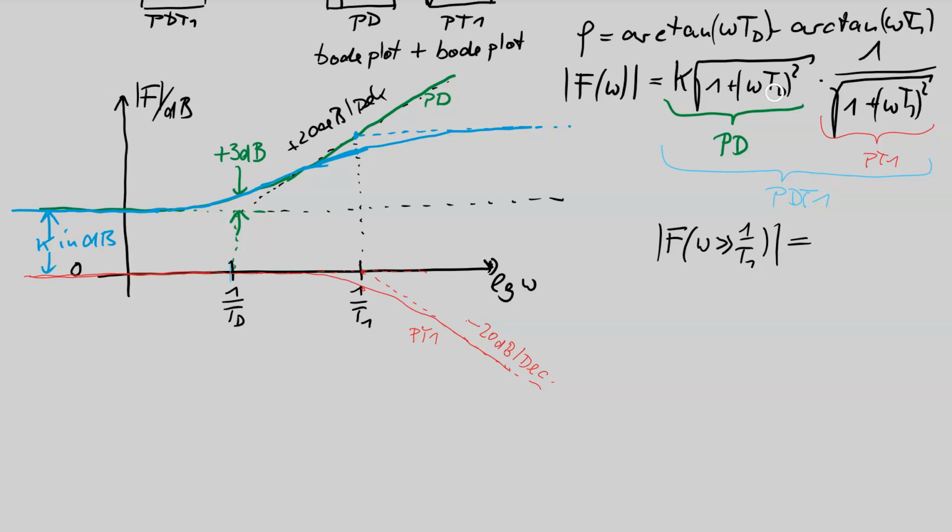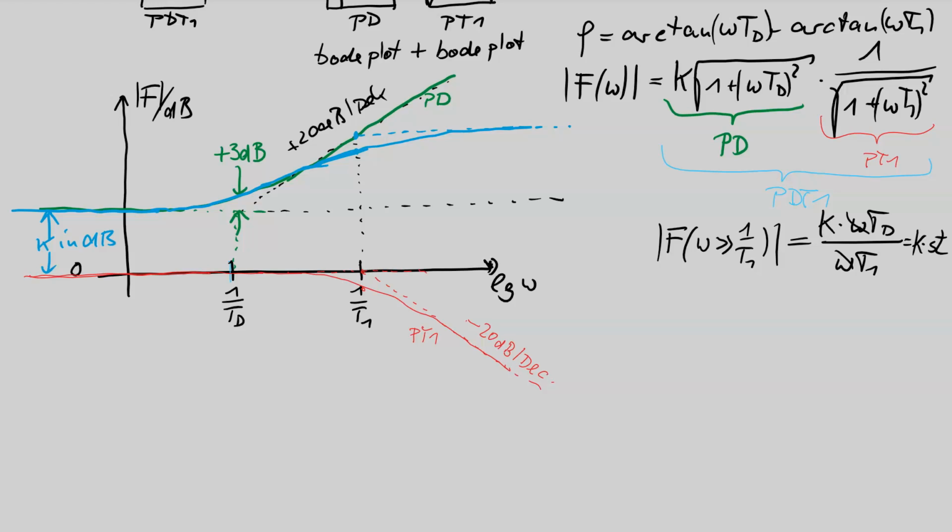Okay, we can here neglect this one and here neglect this one, because these expressions are very, very large. So we can write K times, what is this? If one is neglected, this is square root of omega Td squared. This gives omega Td. So we have an omega Td here. And then the square root of the PT1 with neglected one here is omega T1. Here we can erase the omega factor.